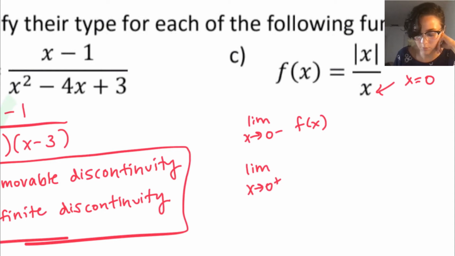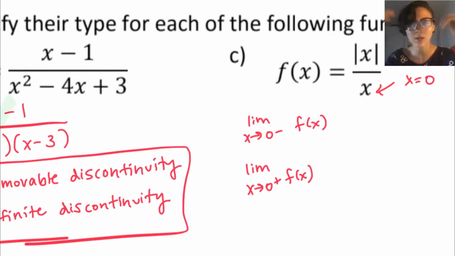Okay, so if you ever really don't know what to do, you can always just try to take the limit from the left and the right and see if they're equal to each other, see if it's going up to infinity or if it's approaching a number. So from the left, a number smaller than 0 would be negative 0.1.